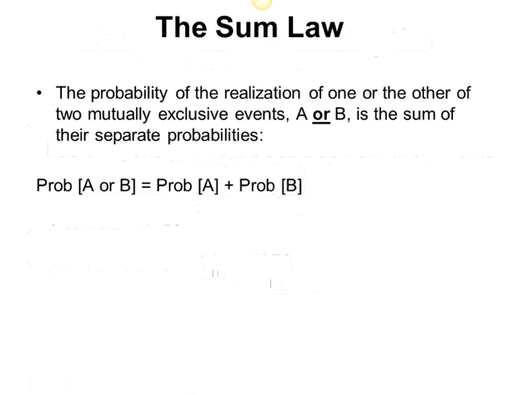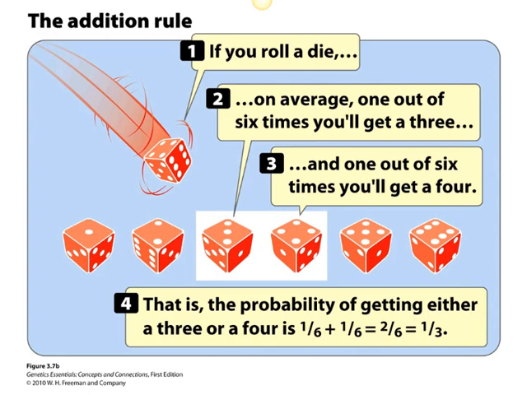This would be something that we might see with a single roll of the die. If your question was, what's the probability that you would roll a 3 or a 4 on one roll, and you can't get both on a single roll, it's either going to be a 3 or a 4, or it could be a 1 or a 2 or a 5 or a 6.